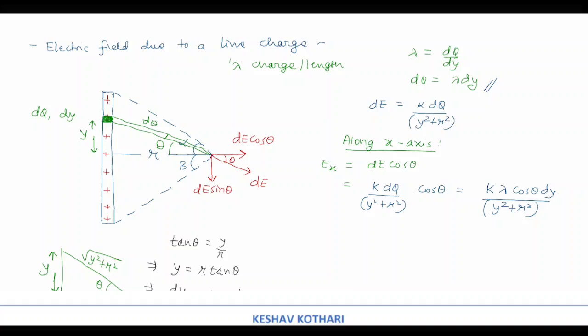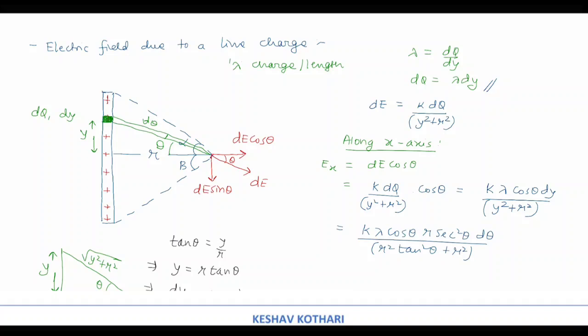So we can modify this expression which we have obtained over here into k lambda cos theta dy, which can be written as r sec square theta d theta upon y square plus r square, so that is r square tan square theta plus r square.